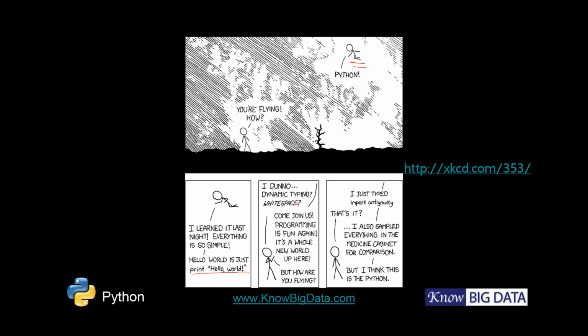This guy is now saying, I don't know dynamic typing, white space. What is this? Come join us. Programming is fun again. It's a whole new world up here. But how are you flying? He replies, I just typed import antigravity. Funny, right? He just said import antigravity and he's flying.